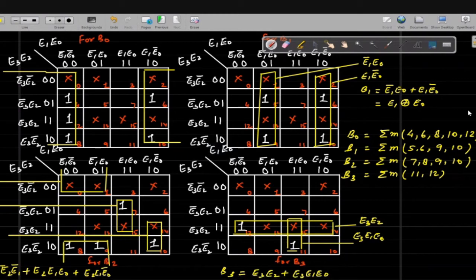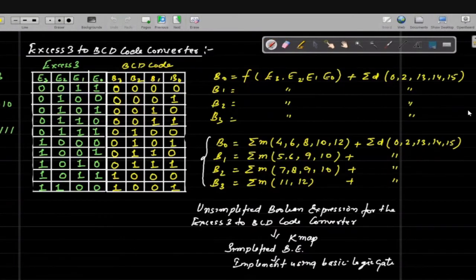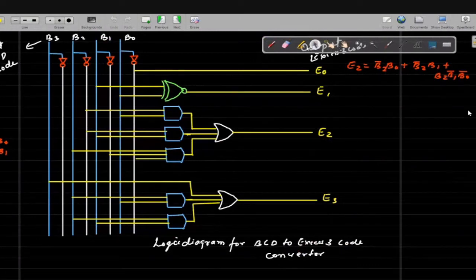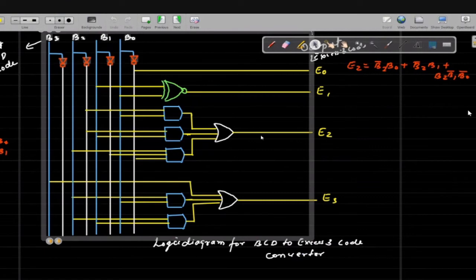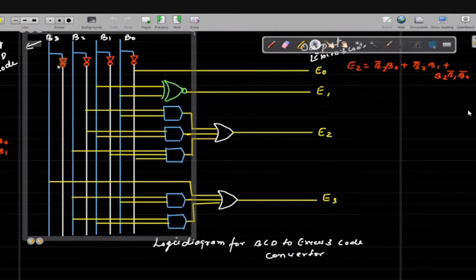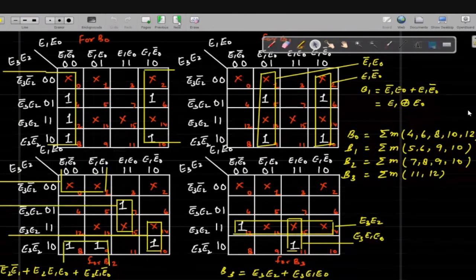I'm going to add a new page, and let's see whether we can take something common which makes designing comfortable.